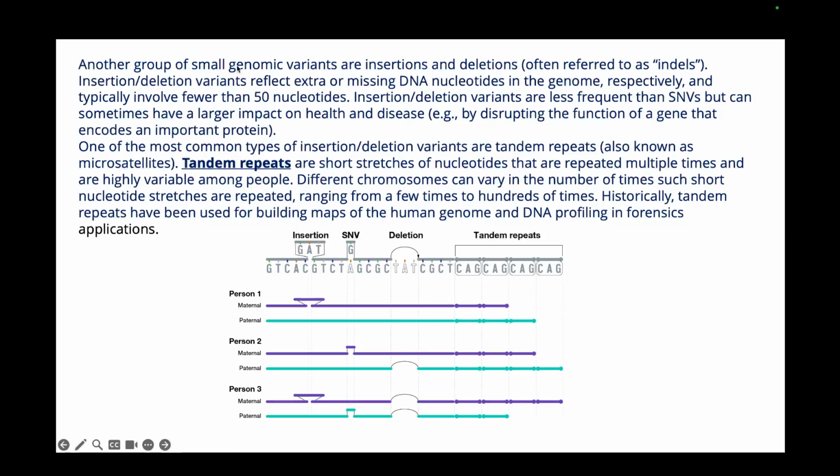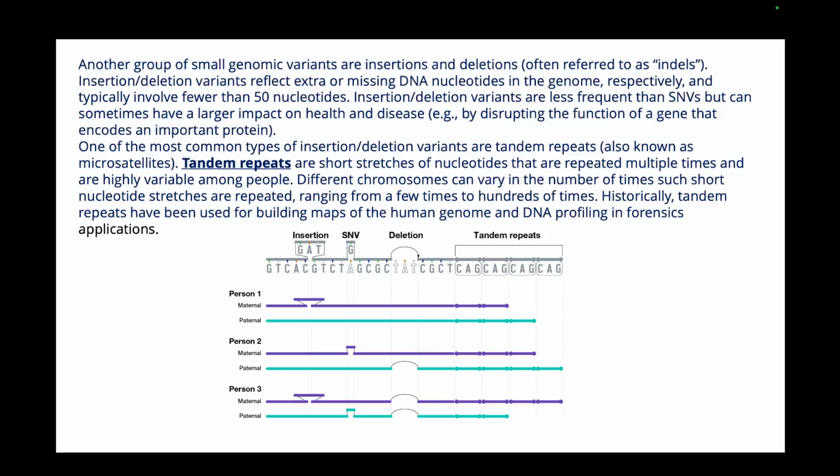These are often known together as indels. Insertion or deletion variants reflect an extra or a missing DNA nucleotide in the genome, respectively, and typically involve fewer than 50 nucleotides. This is important because the moment you go above 50 nucleotides, we have a separate term for it, which is structural variation.